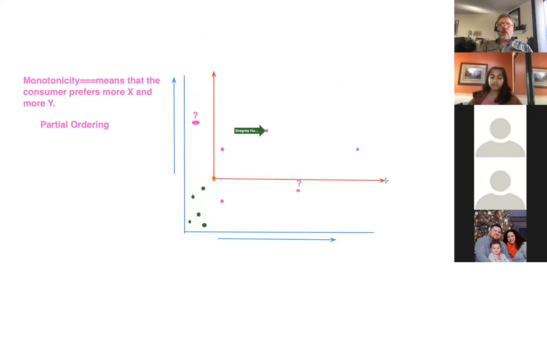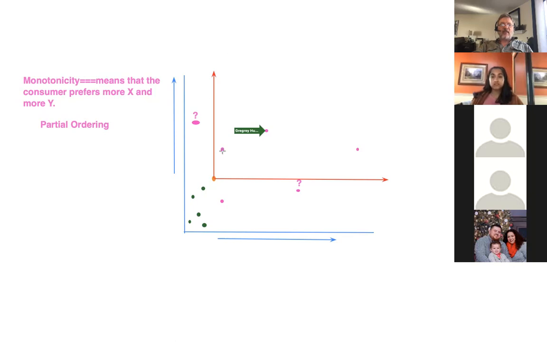So what I want to point out is that what we know about all the points that fall on these lines is that they have at least as much of one of the goods and strictly more of the other one.